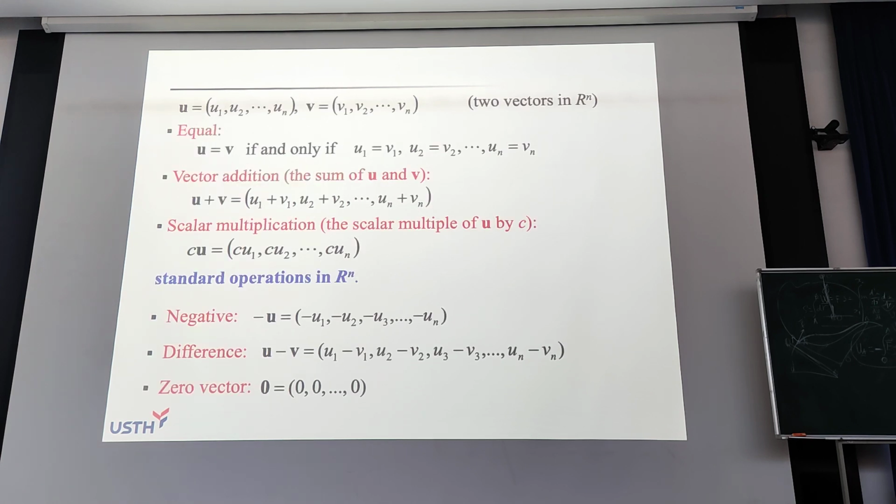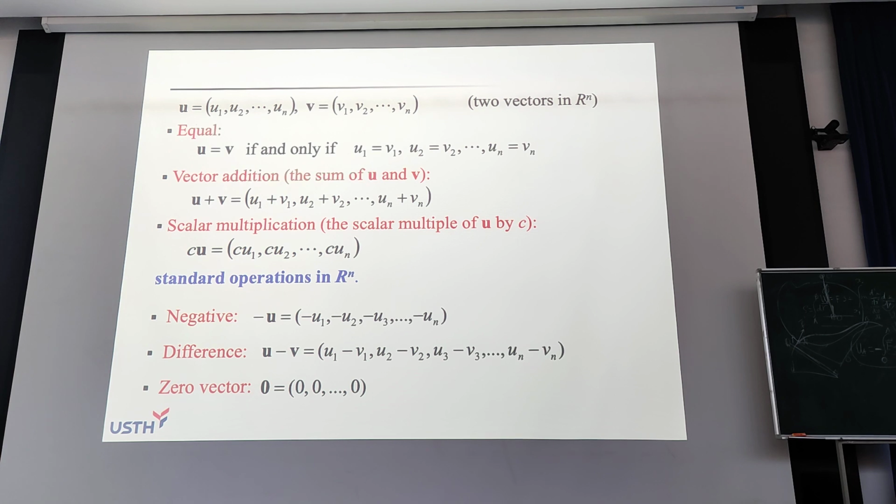And after that, we define the operations. For the first, any sequence of real numbers like that will become a vector in Rn. And we define the addition of two vectors. Suppose that u and v are like that.